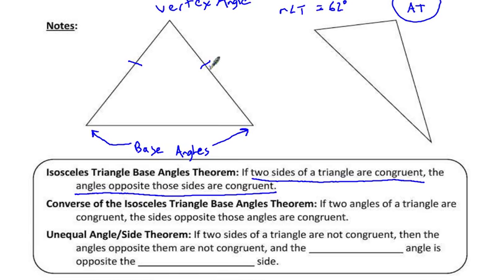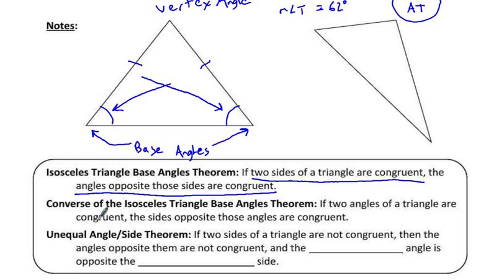So here I have the two sides of the triangle being congruent, meaning that I have an isosceles triangle. It tells us that the angles opposite those sides, or the base angles, are congruent.